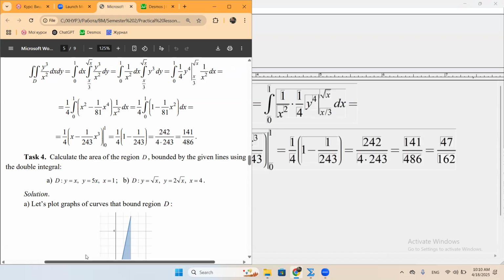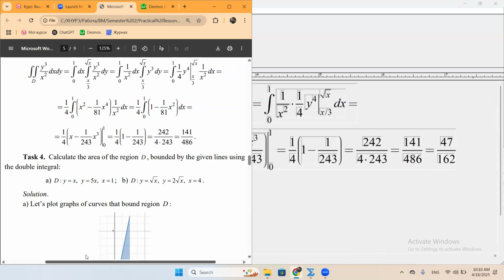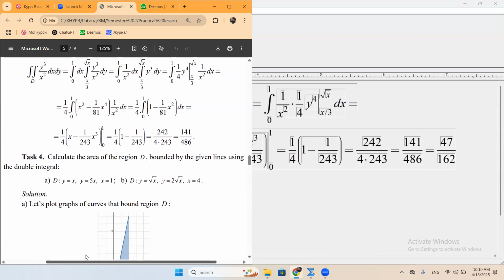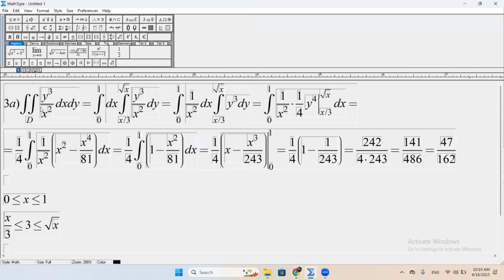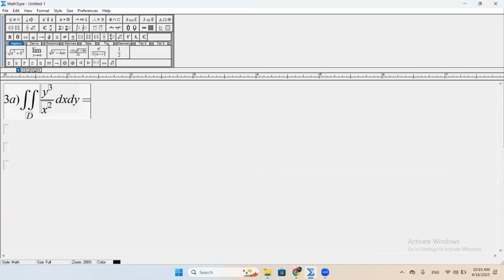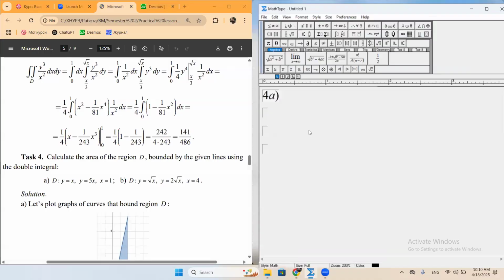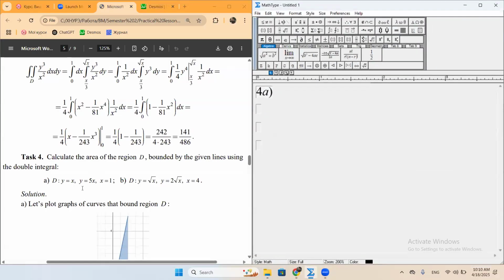So now we have a task with application of double integral. So integrals just for integrals are useless, but now we will have some application of these integrals. We need to calculate the area of the region.